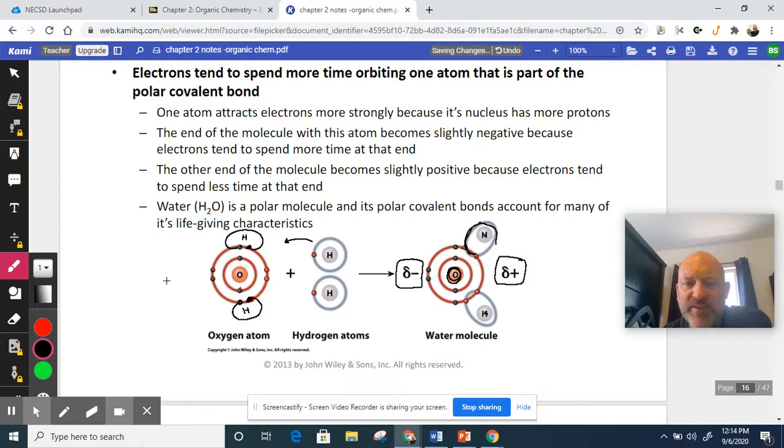When this happens, and of course, when we put two hydrogens on an oxygen molecule, we create water. This is H2O. Water, because of this unequal distribution or unequal sharing of electrons, is considered to be held together by what are called polar covalent bonds.